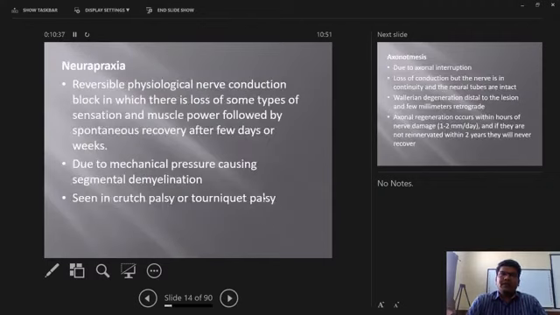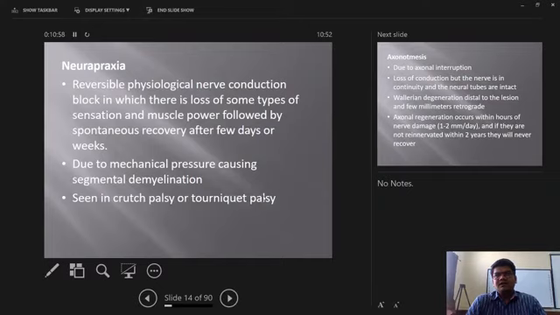Now coming to neuropraxia. So neuropraxia is a reversible physiological nerve conduction block. That means the nerve axon is anatomically intact, but the conduction through the nerve is gone.